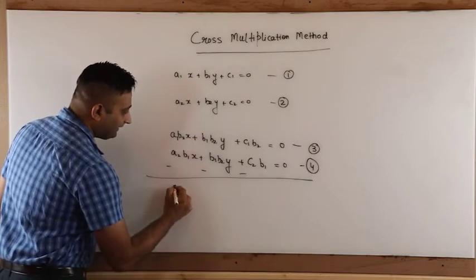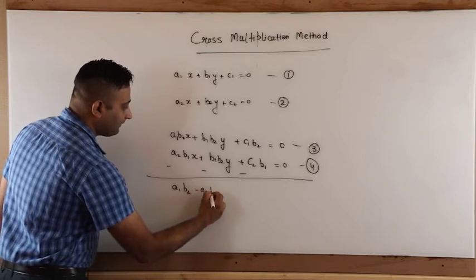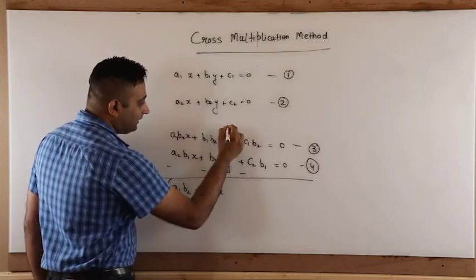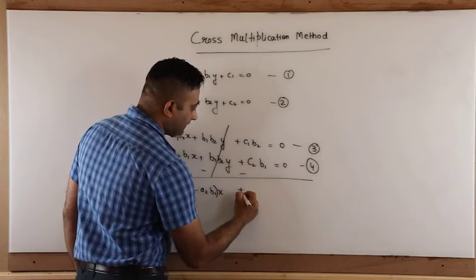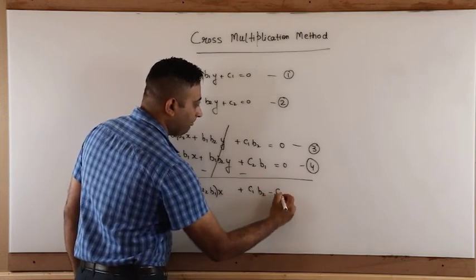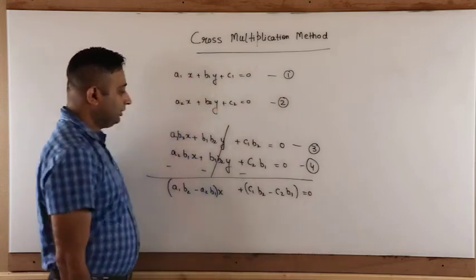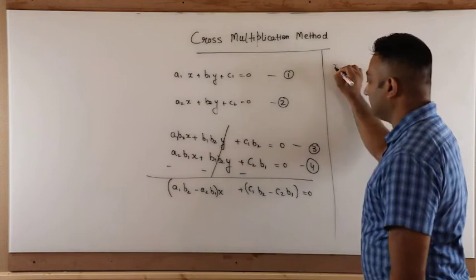So you can see that the coefficient of x is now A1 B2 minus A2 B1, and the terms containing y are cancelled, plus C1 B2 minus C2 B1 equals 0. So you can easily now find the value of x from this.